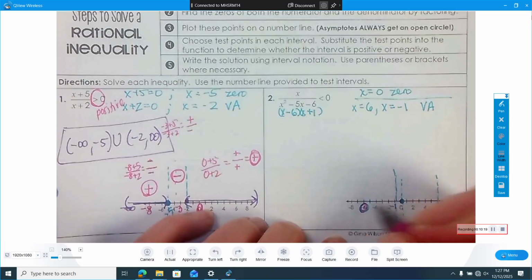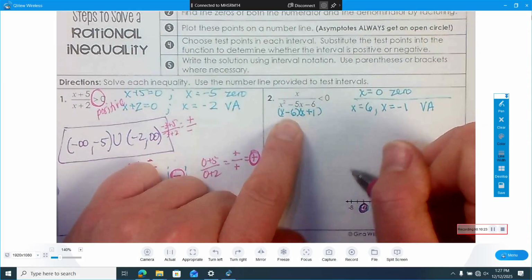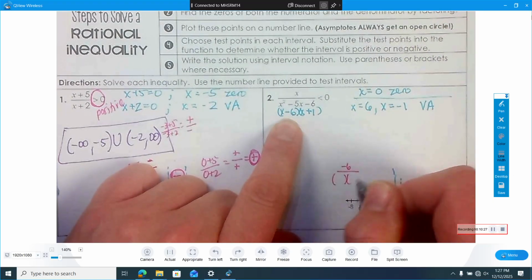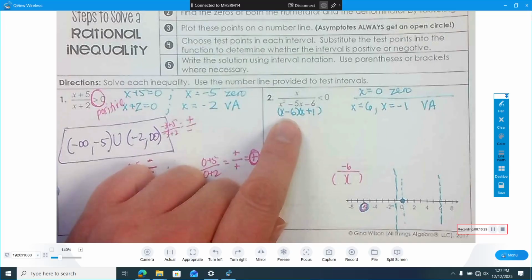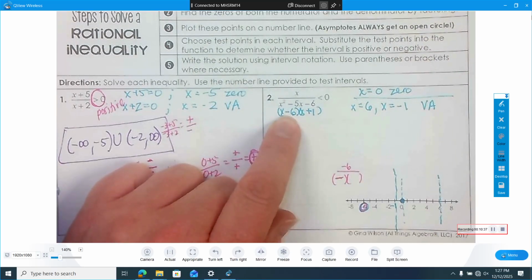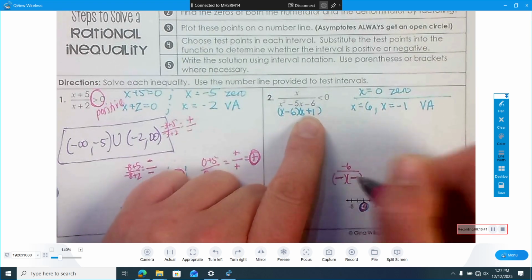I'm going to try -6. And -6 would be a negative on top. And then in the denominator, I just want to look at those bubbles. If I plug in -6, -6 minus 6 gives me a -12. And then -6 plus 1 gives me -5.